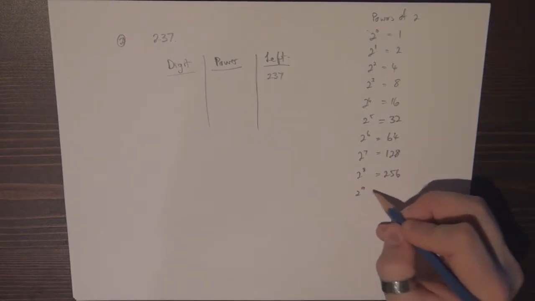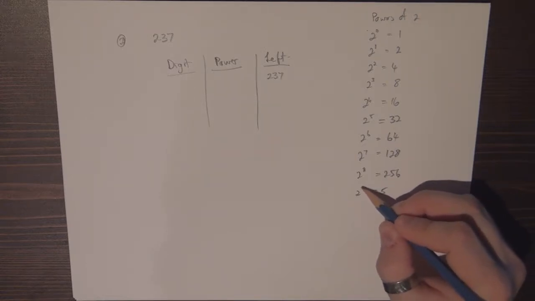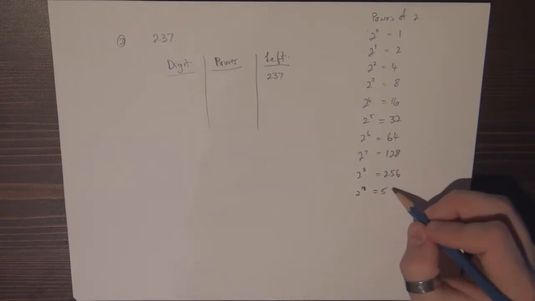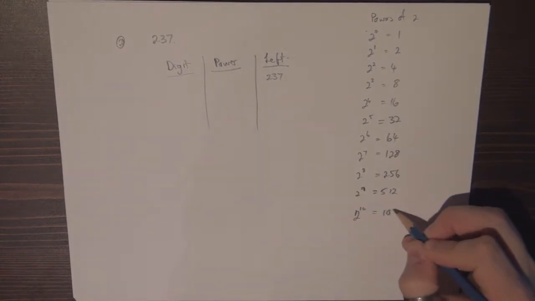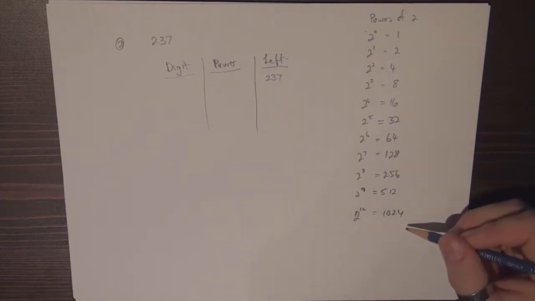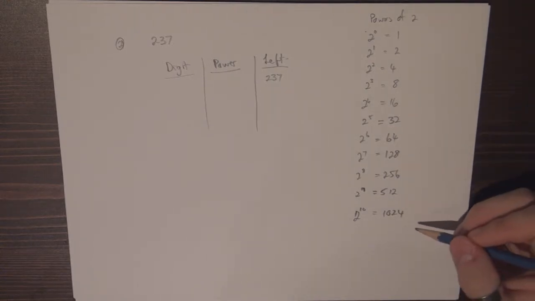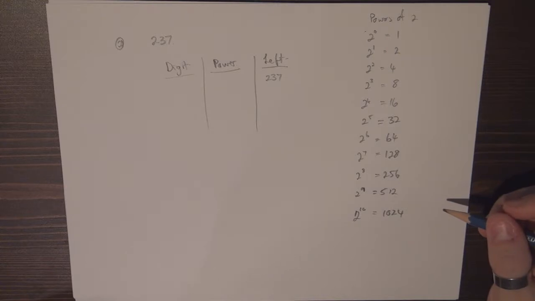I can keep going if I want to. 512. 2 to the 10 is 1024. And you don't have to memorize them all, although the first group here up to 1024, it's handy to remember. That's as far as I've bothered to memorize it. Anything bigger and I'll use my calculator.